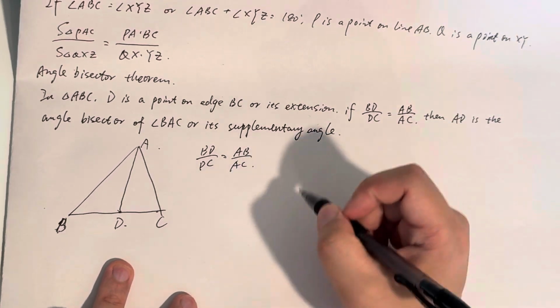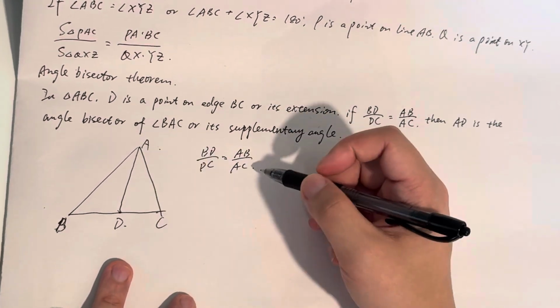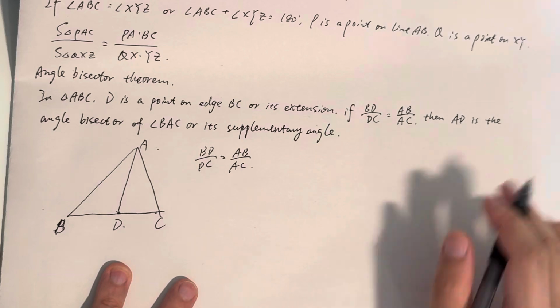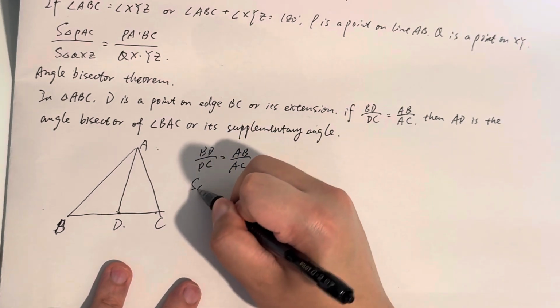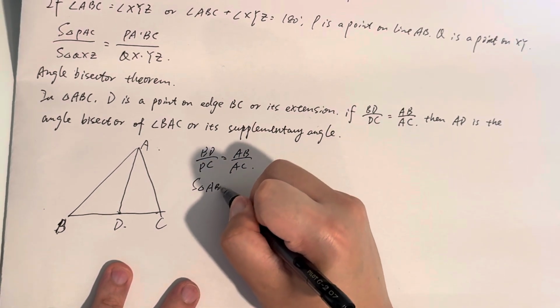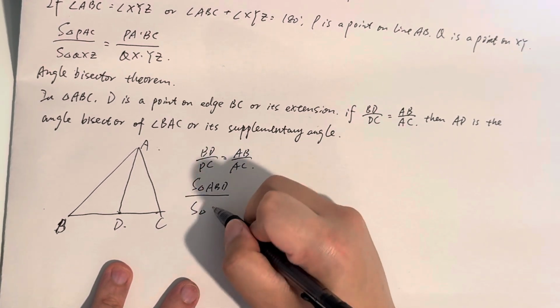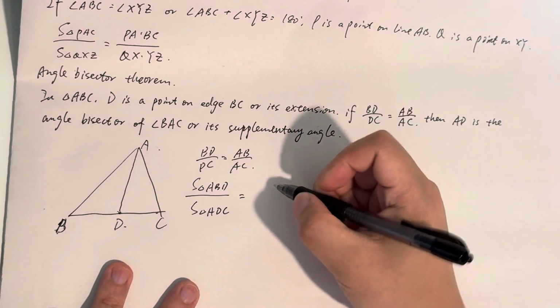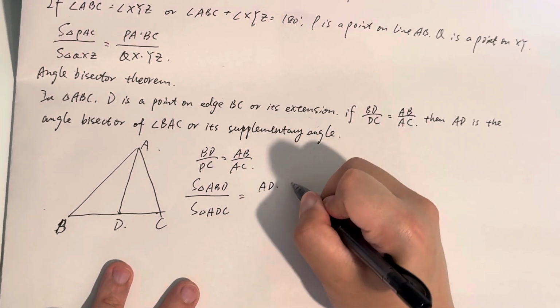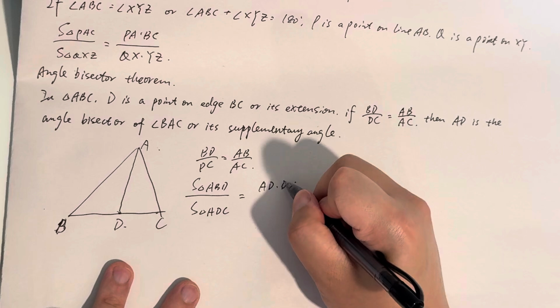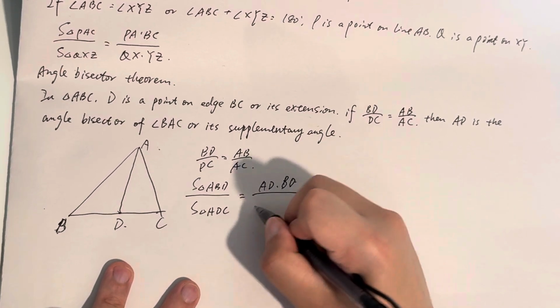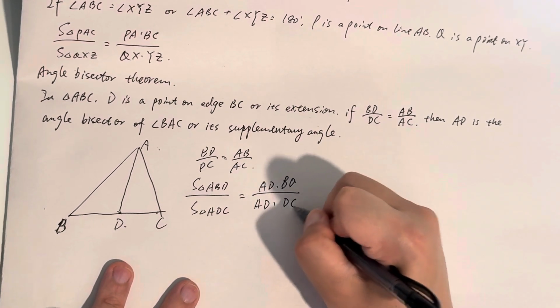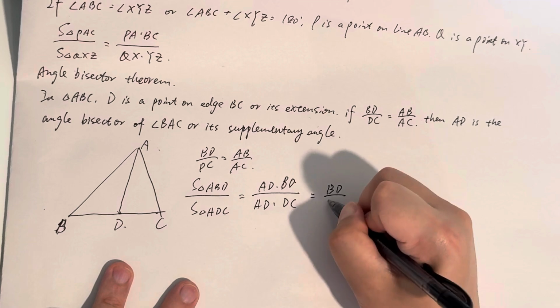Okay, so first we can use what we already learned about the common angle theorem. So we know that the area of triangle ABD to the area of triangle ADC equals AD times BD to AD times DC, which equals BD to DC.